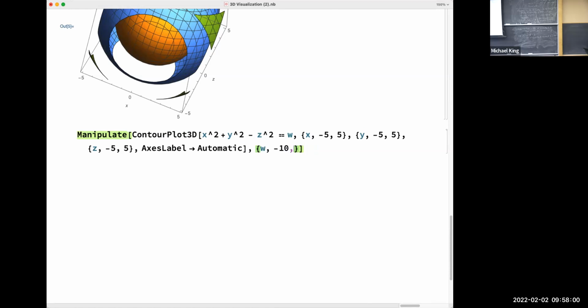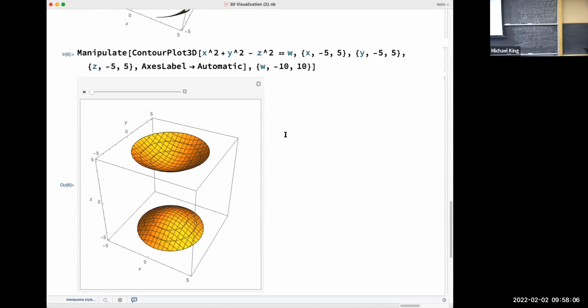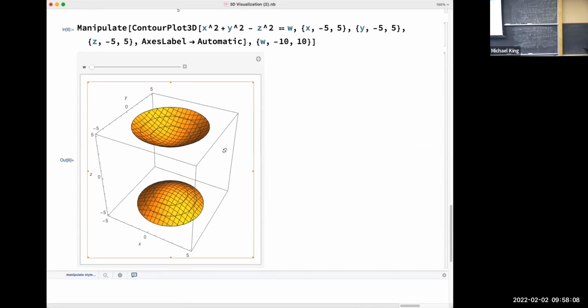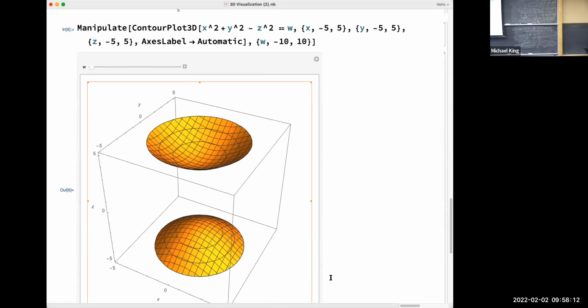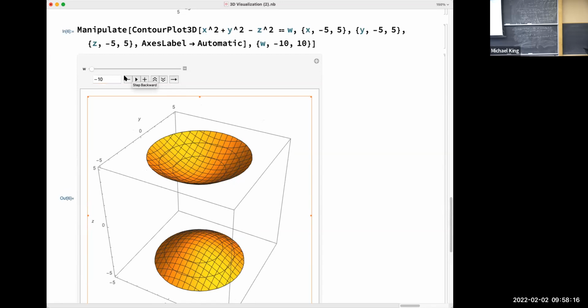This is the function x squared plus y squared minus z squared. Again, that's something brand new that we haven't had a chance to really think about, right? With x squared plus y squared plus z squared, it's easy to think we just get spheres. This is interesting.